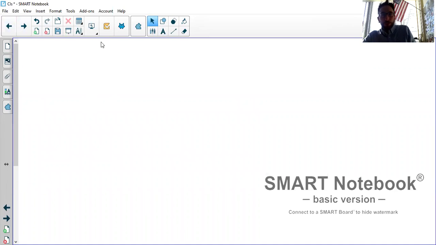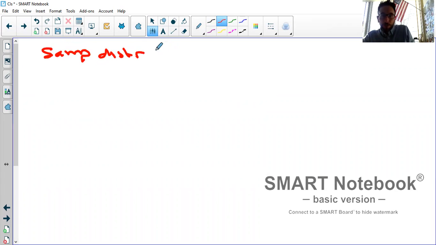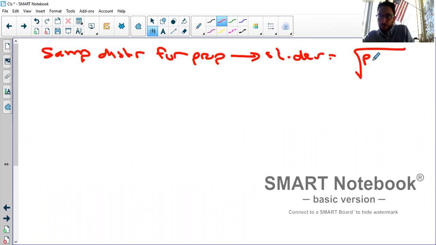So when we're talking about sampling distributions, we know the sampling distribution for proportions has a standard deviation of the square root of P times 1 minus P all over N. This is the standard deviation of the sample statistics.